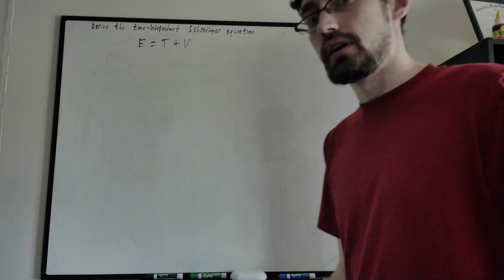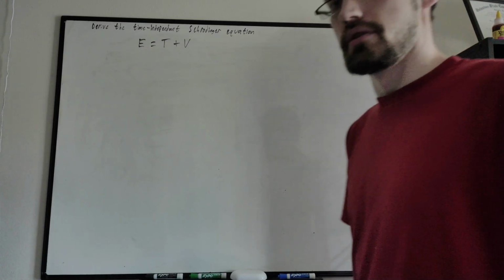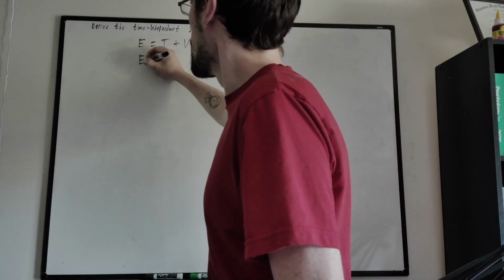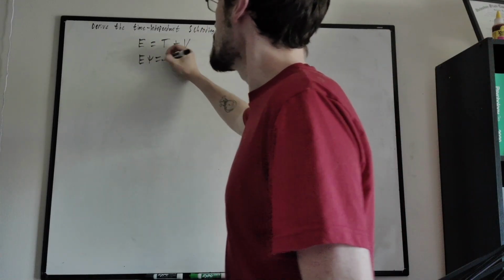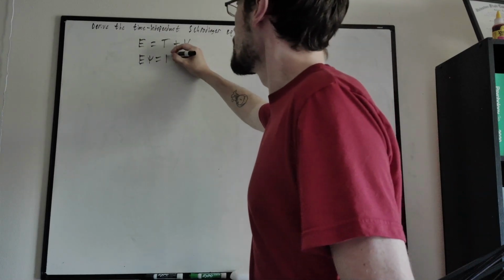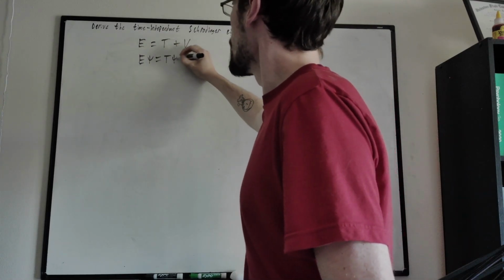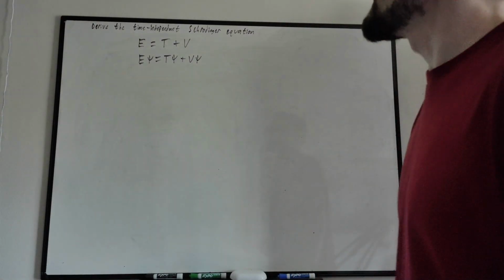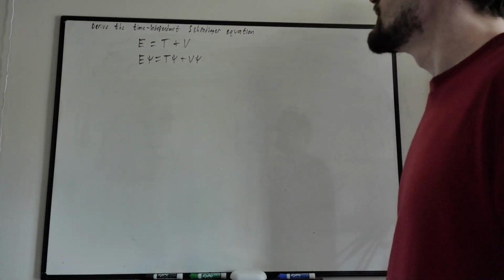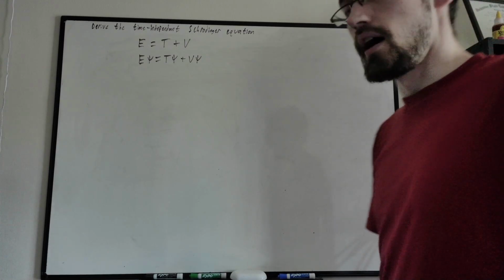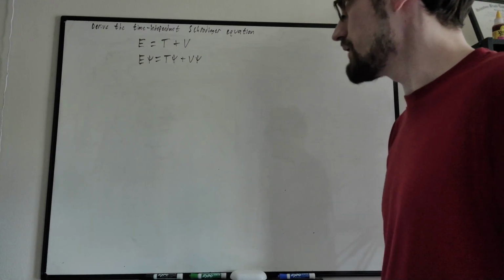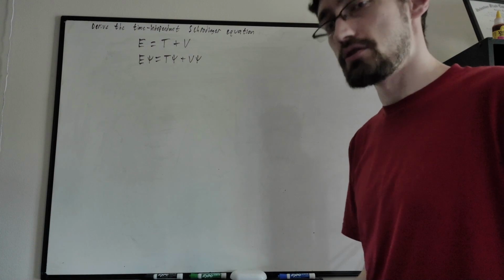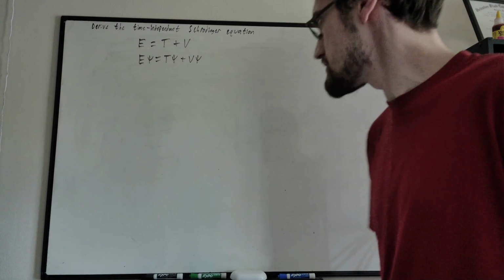So to show the energy conservation of a wave function for quantum theory, we multiply the wave function psi into E, and that gives us the kinetic energy of the wave function plus the potential energy of the wave function. So, psi, the wave function, must satisfy a second-order differential equation called the wave equation.